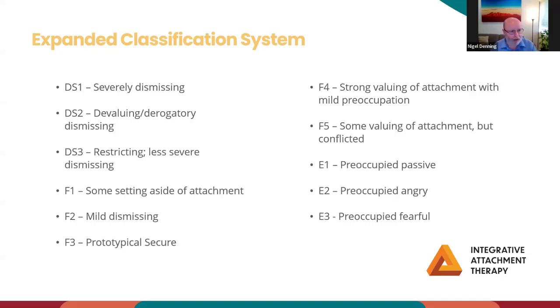So you might want to think about a dismissing attachment style as one where the child has numbed out. When the attachment needs were not met, the child just flattens, just numbs, just draws on cortisol. There's no choice involved.